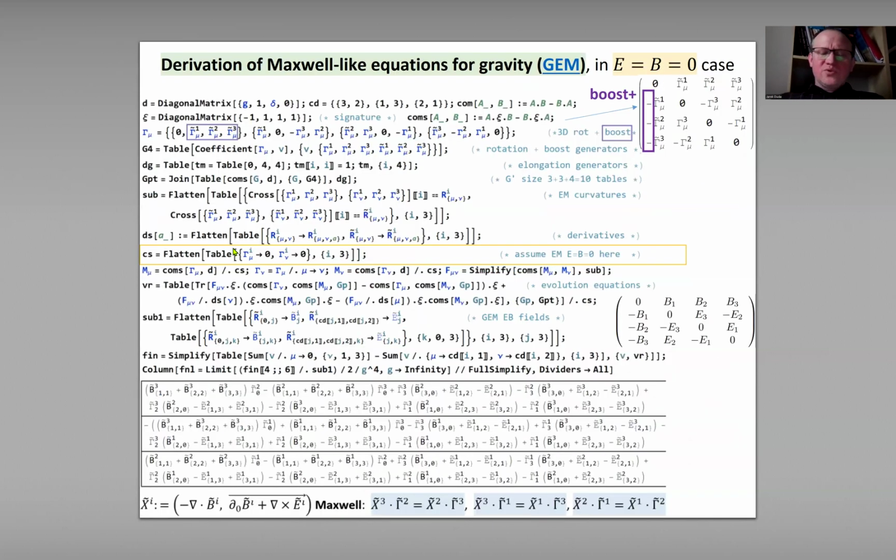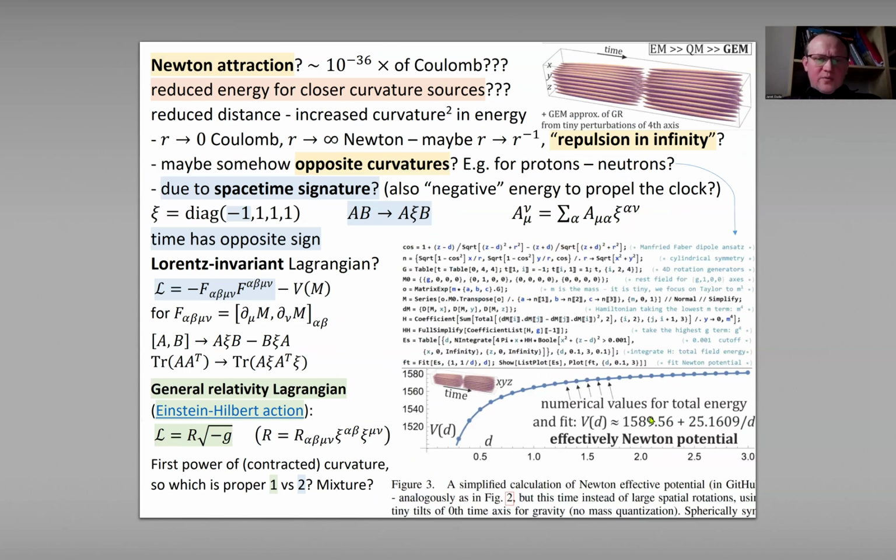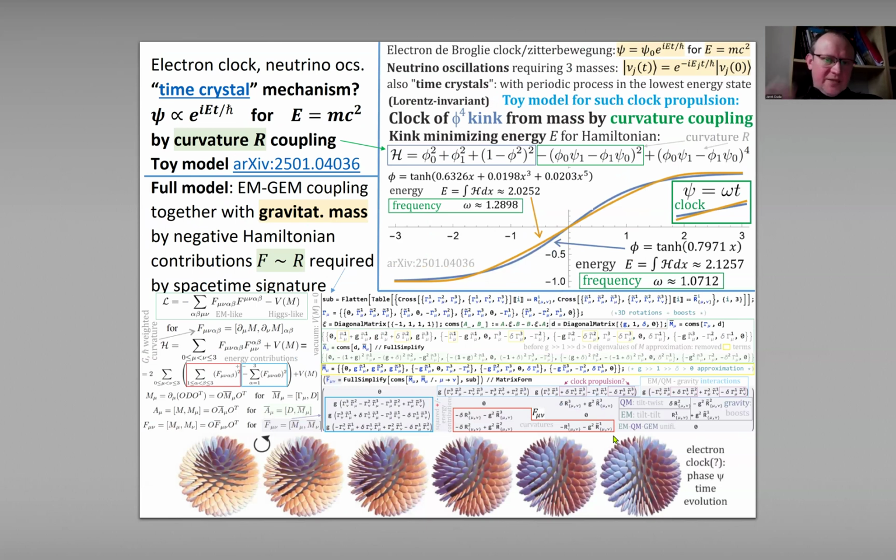Then we can use only the gravitational part, the boosts, and for example zero electromagnetic field, so electric and magnetic fields zero. Then we also get the Maxwell equations for gravity-electromagnetism. So there is some Coulomb-like law for gravity. Here is the clock again, and let me finish here.